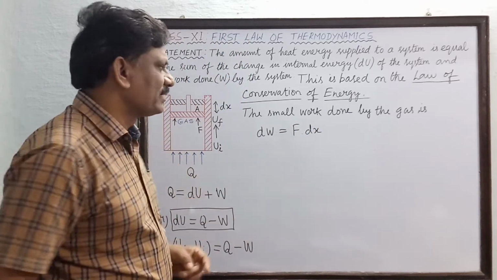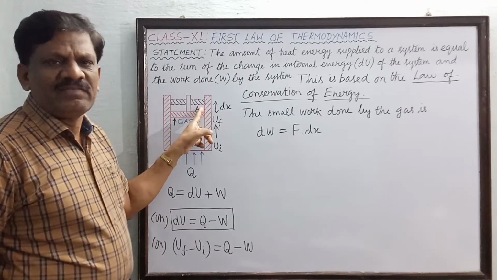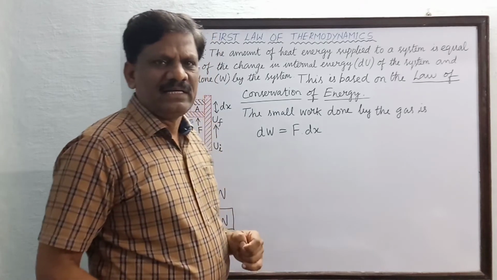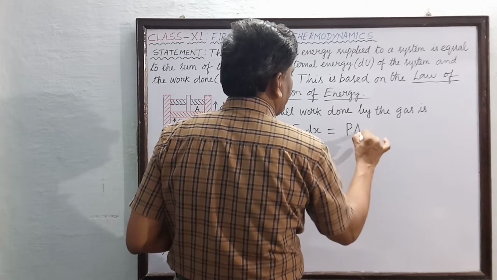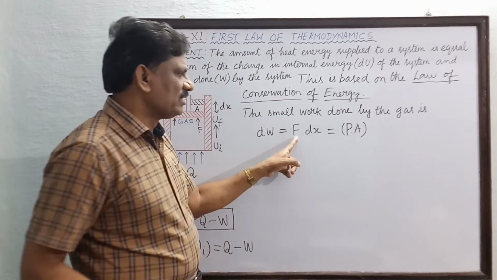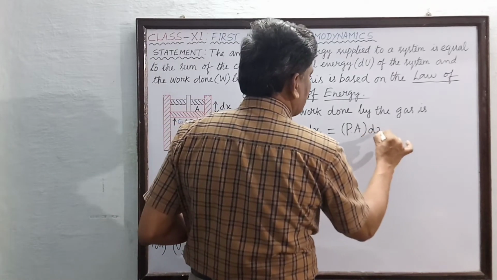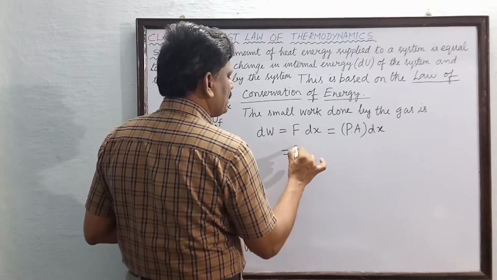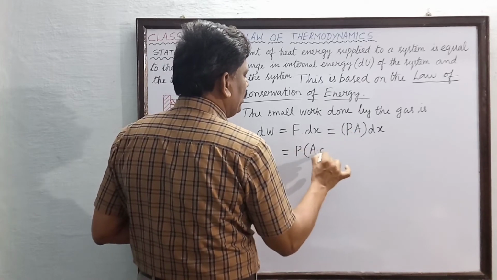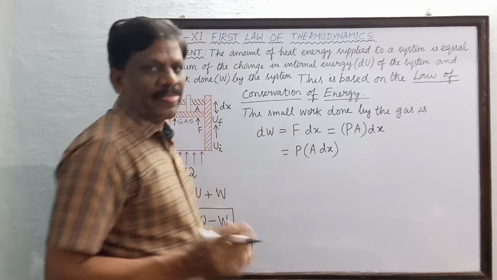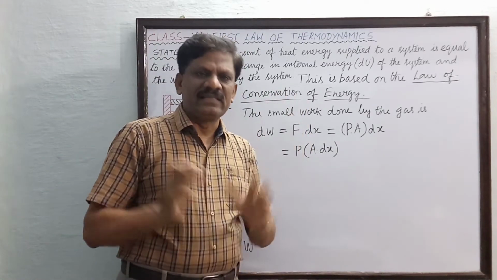I told you that force divided by area of the piston is equal to the pressure, is it not? Therefore, force is also written as pressure into area, into dx. So this can be written as pressure P into A into dx. Now you can see that it is a cylindrical container.